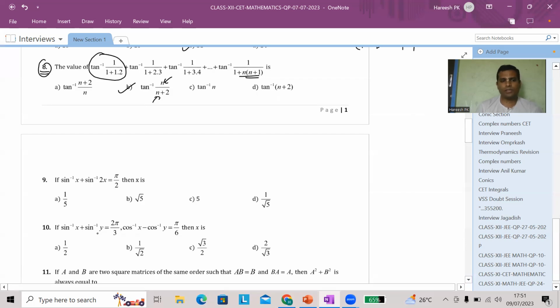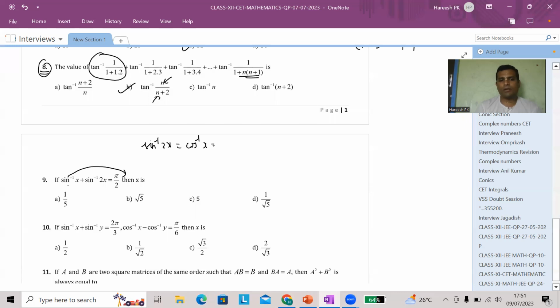How do we solve this? So the ninth one, sine inverse x plus sine inverse 2x equals pi by 2. Whenever these type of questions come, transfer this to the other side. So you get sine inverse 2x equal to pi by 2 minus sine inverse x, which is cos inverse x.